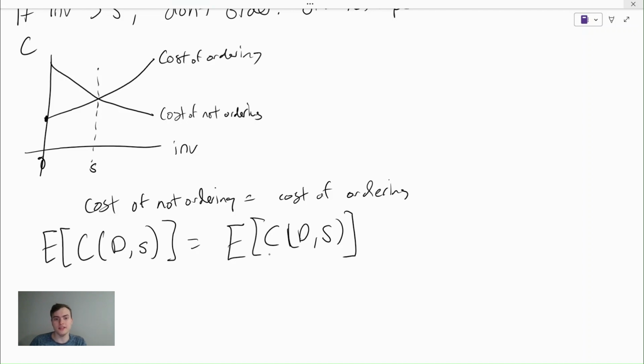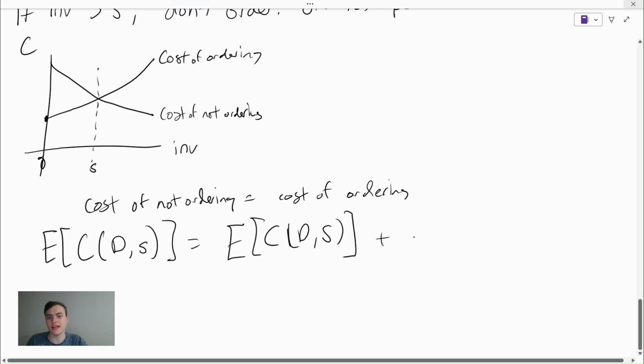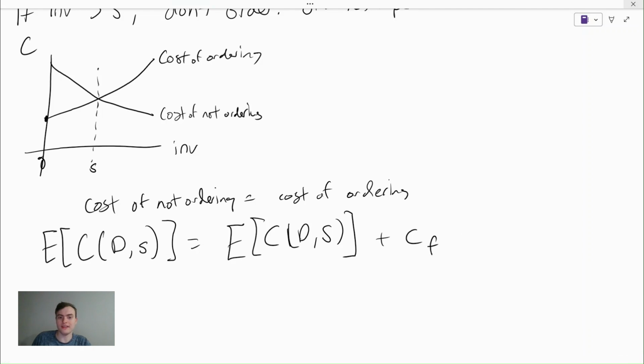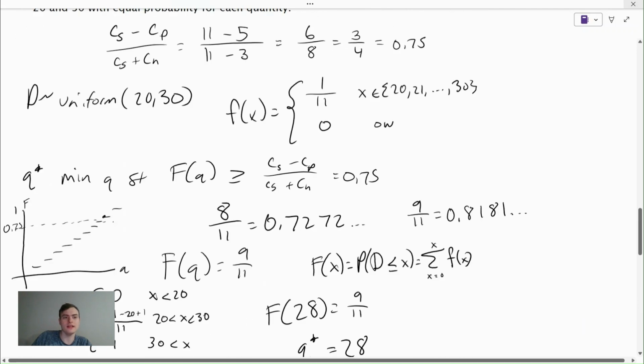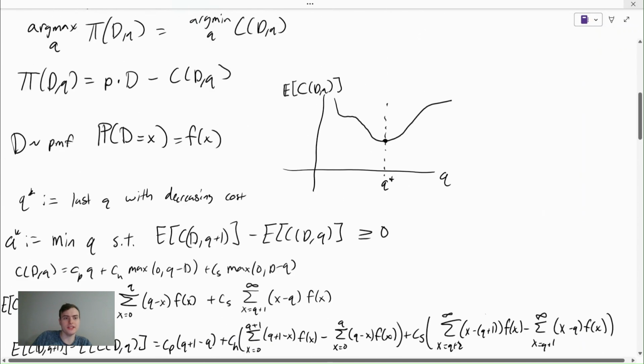And this C function already includes the purchase cost, right? So this is going to incorporate this purchase cost being higher over here, right? And then we also have to pay the fixed cost of ordering in the case that we order, right? So our two options are start with little s, don't pay the fixed cost, or start with big S and pay the fixed cost.